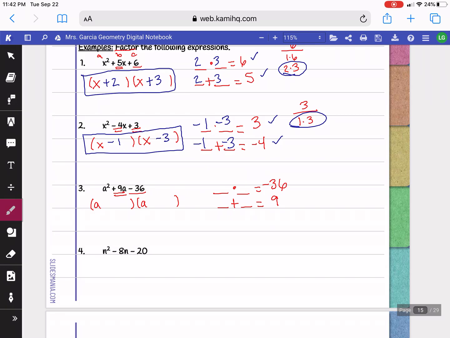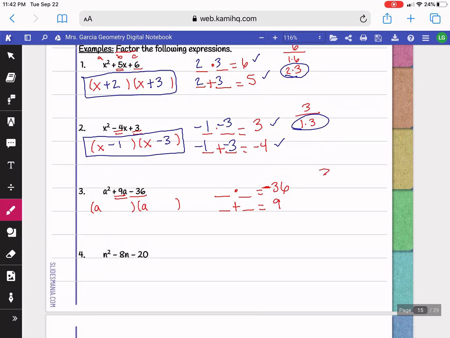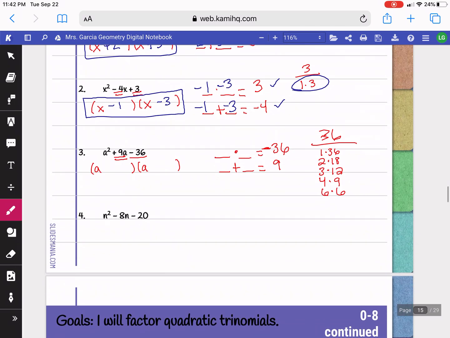Now I'm going to make a list of numbers that multiplies to give me 36. I'm not worrying about the negative yet. So I could use 1 and 36, 2 and 18, 3 and 12, 4 and 9, or 6 and 6.